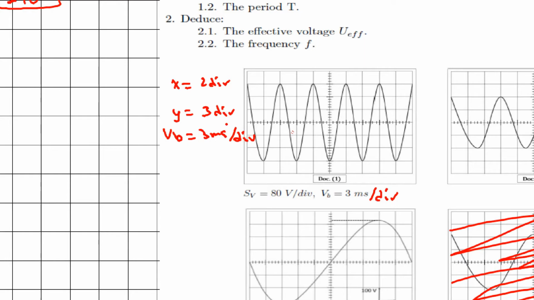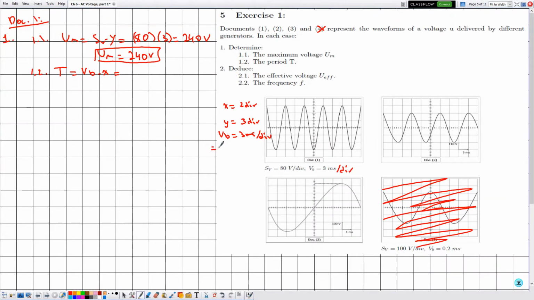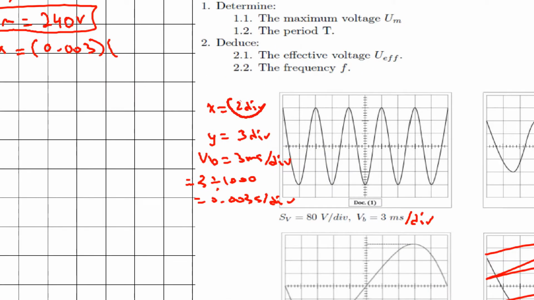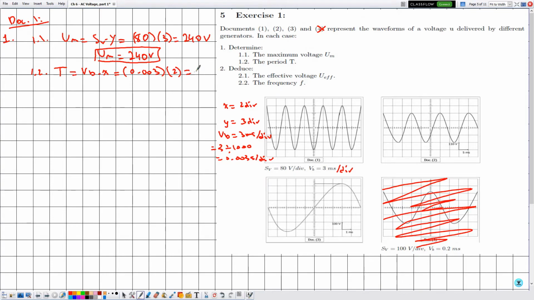In order to convert from milliseconds to seconds, we need to divide by 1000. Then 3 divided by 1000 is 0.003 seconds per division. Now the value of VB is 0.003 and the value of X is 2. Plugging this into the calculator, the value of the period is 0.006 seconds in the SI.